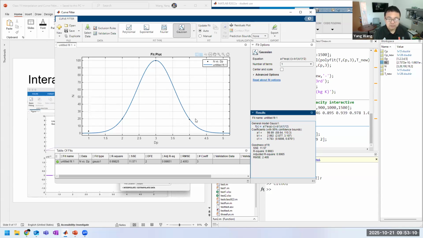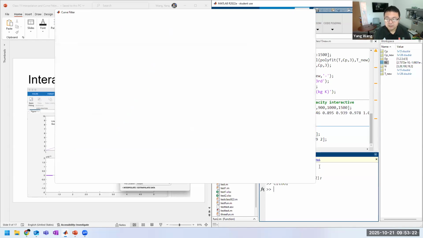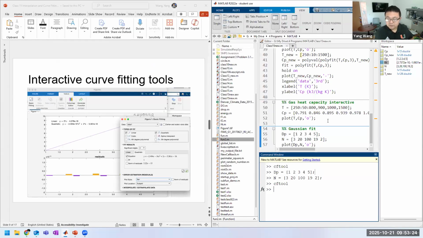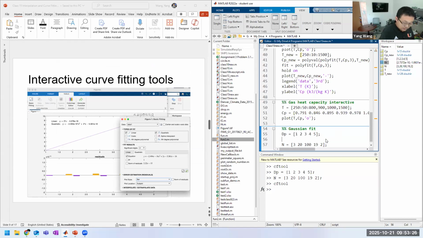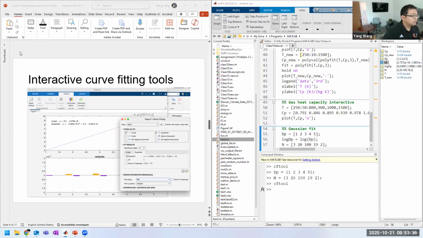And due to the time limit, I will not show this anymore. So basically the log normal distribution is, instead of using dp, we use log dp, right? And then calculate the normal distribution. So what it means is that we will calculate log dp being log of dp. Okay, so we'll make the plot.